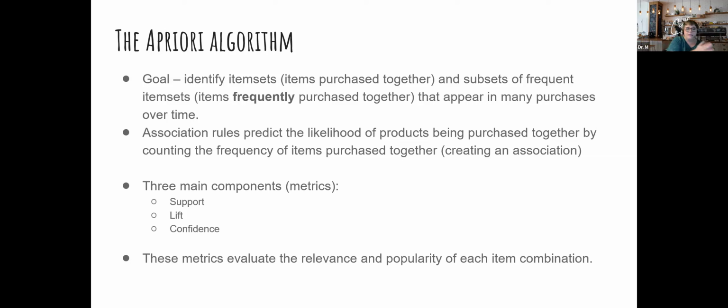Now, if you're looking at a data set that doesn't have a lot of mass to it, not a lot of volume, not a lot of unique shoppers, your ability to associate goes down, because statistically there are fewer of those pairings of items.